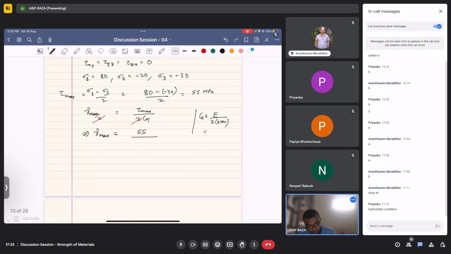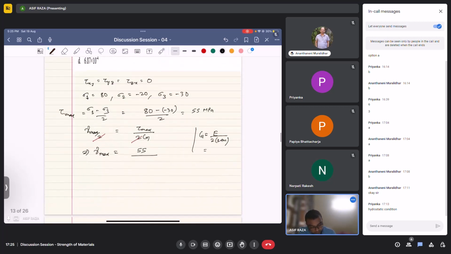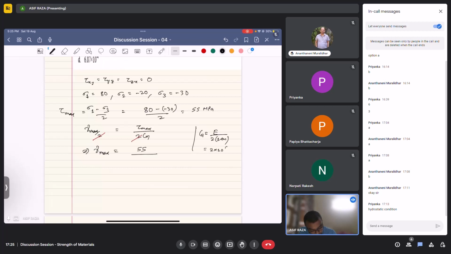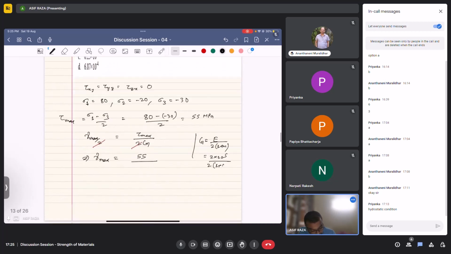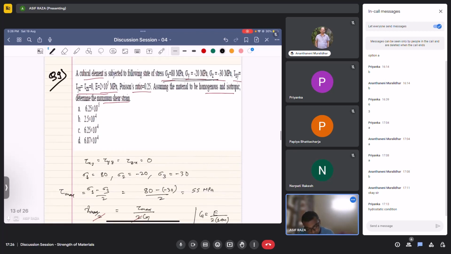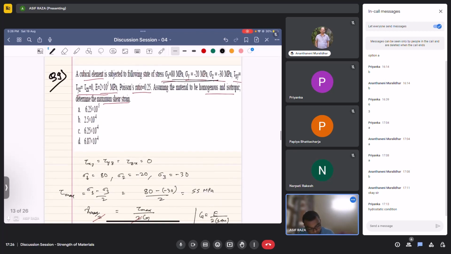So this is equal to E is 2 into 10 to the power 5 over 1 plus 0.25, right? To cancel out, here it's 1.25, that means 5 by 4, that is 4 by 5, 0.8 into 10 to the power 5 megapascal.